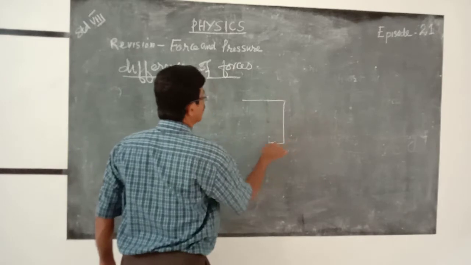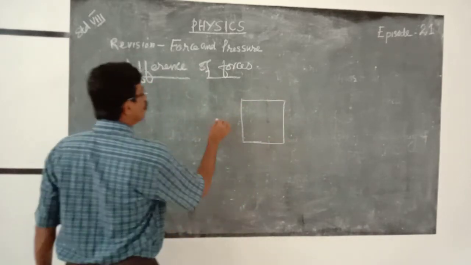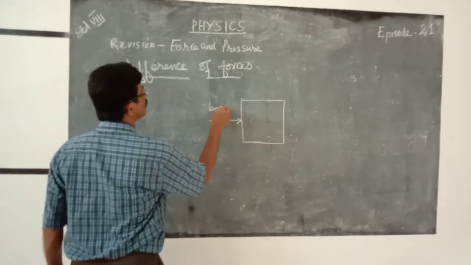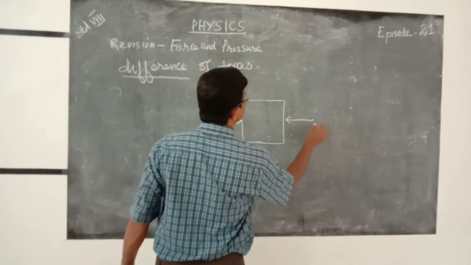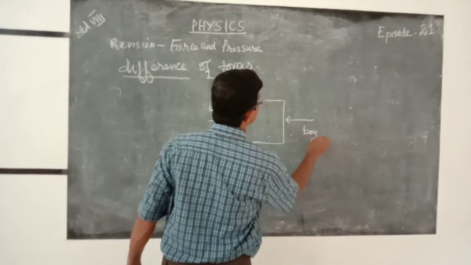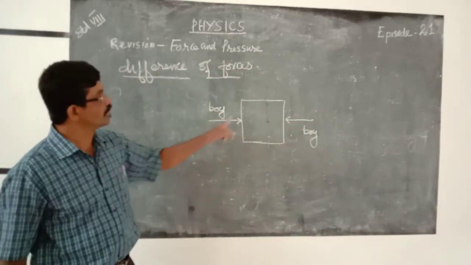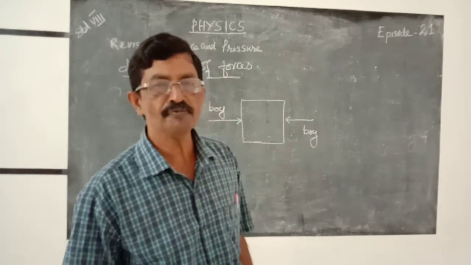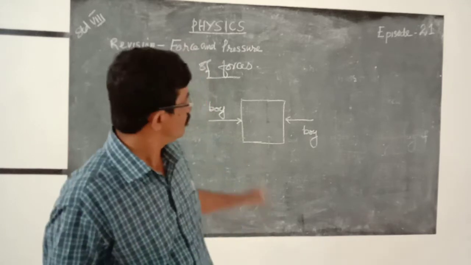Suppose in a table, one boy is pushing from this side and another boy is pushing from this side. Here two forces are acting not in the same direction. Here the forces are in the opposite direction.